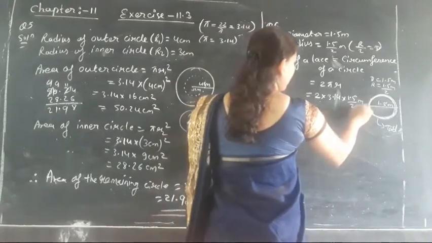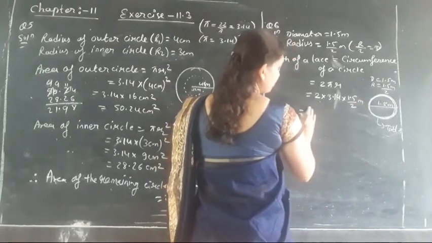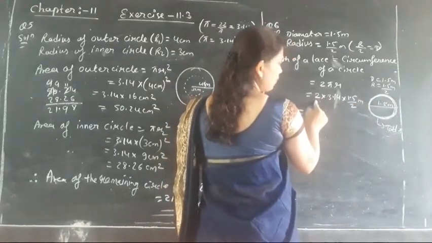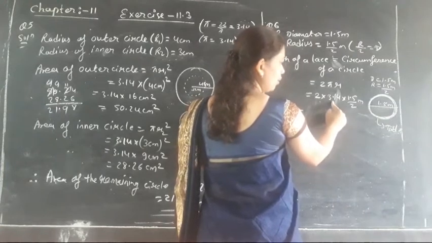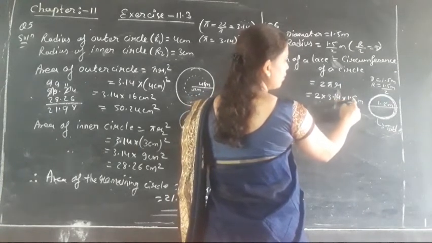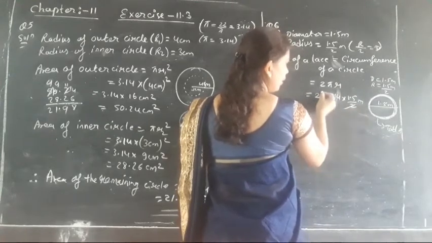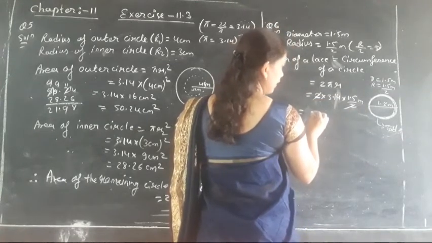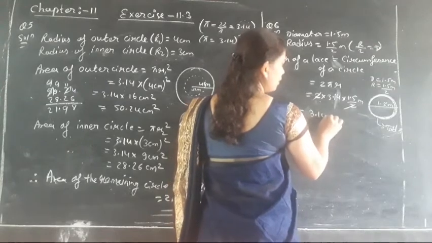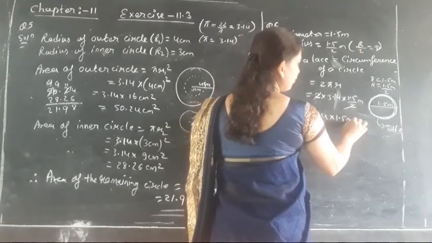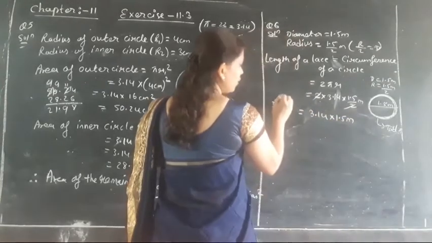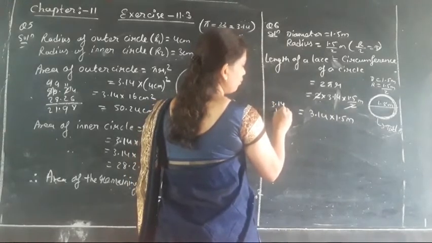After that, now here, 2 comes from the formula. Pi value is 3.14 into r value, which is 1.5 upon 2 meter, isn't it? Now here 2 and 2 from the numerator and denominator will get cancelled. 3.14 into 1.5 meter. Now multiply it. So 3.14 into 1.5.